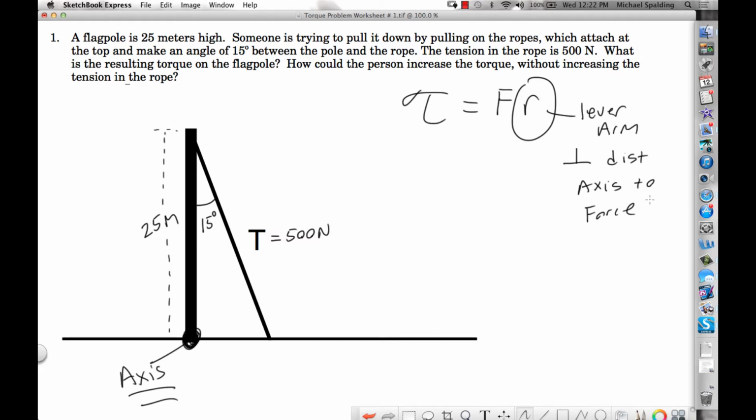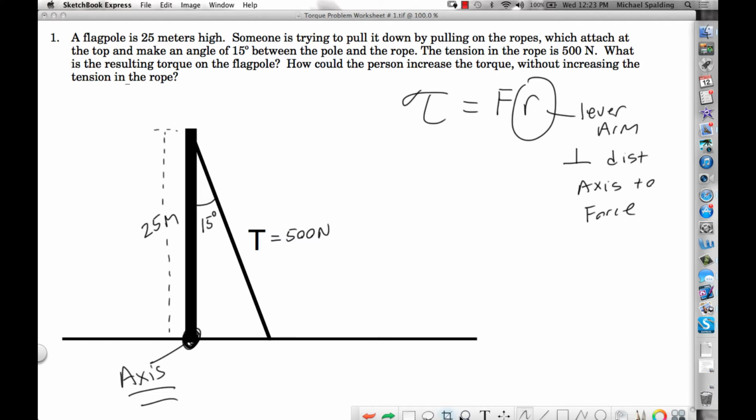Now look, what's the force causing the torque here? The tension. There's somebody pulling on the flagpole with a rope. Is the tension perpendicular to the flagpole? Nope. So we got to do a little bit of trig here. So let me show you how to do this.